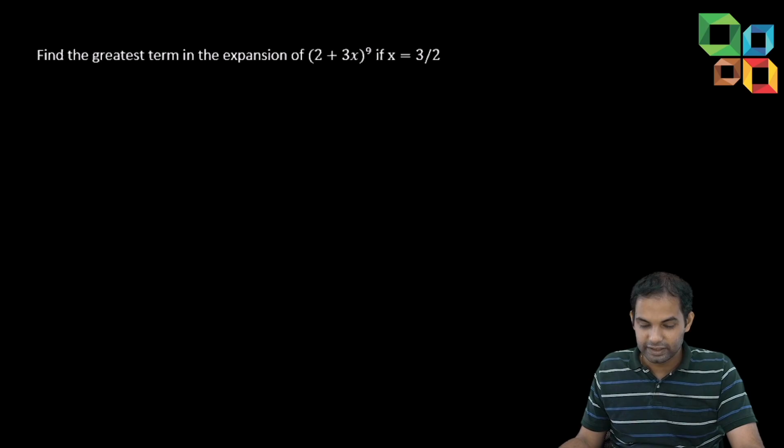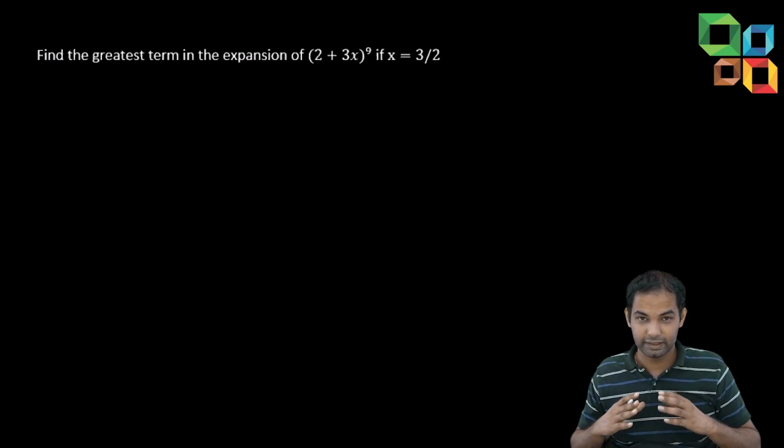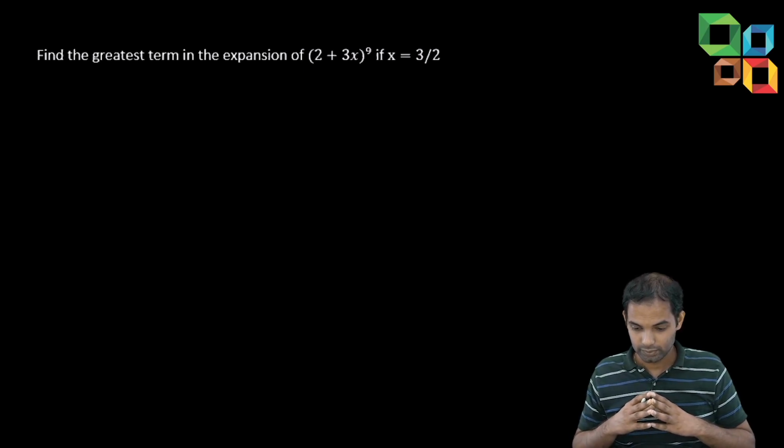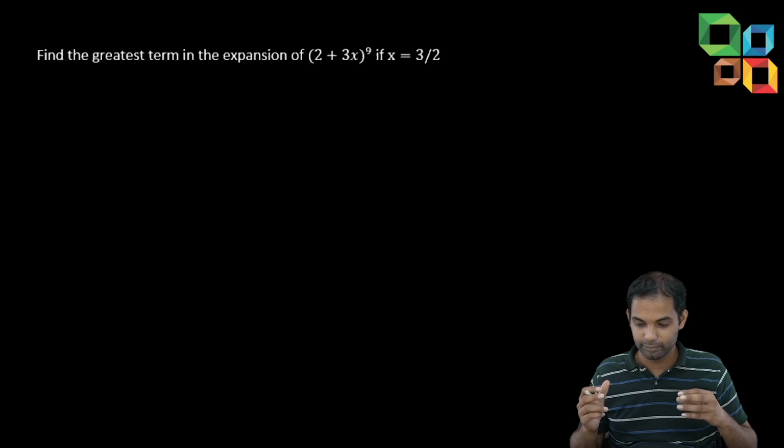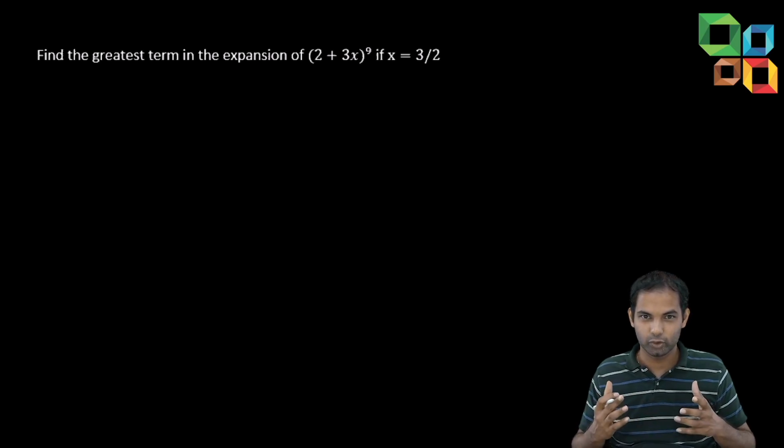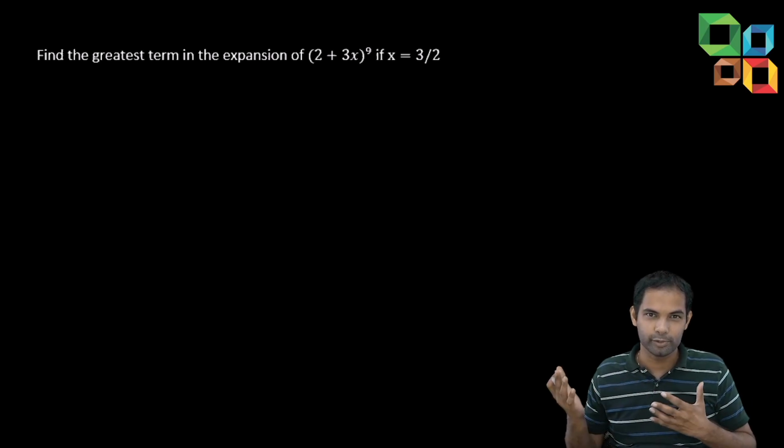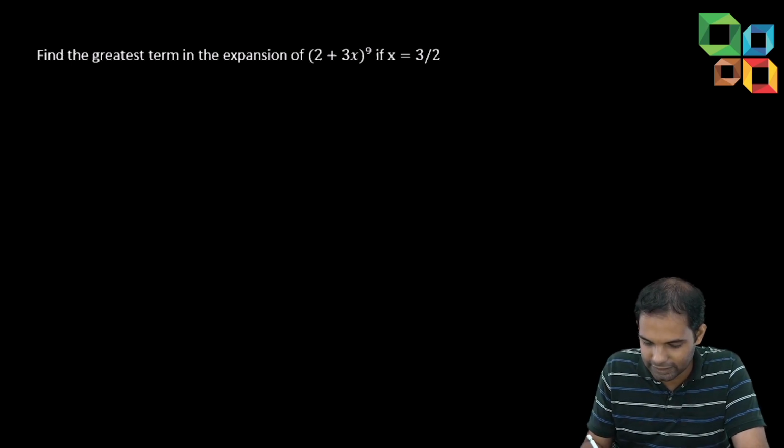Now the greatest term of this expansion when x is equal to 3 by 2. Now we have to find the greatest term. The value of x is also given. But that doesn't mean we simply substitute x and write it whole power 9, because there won't be terms then. First we have to write the terms.